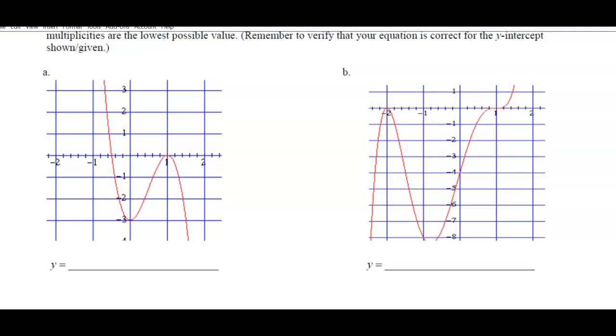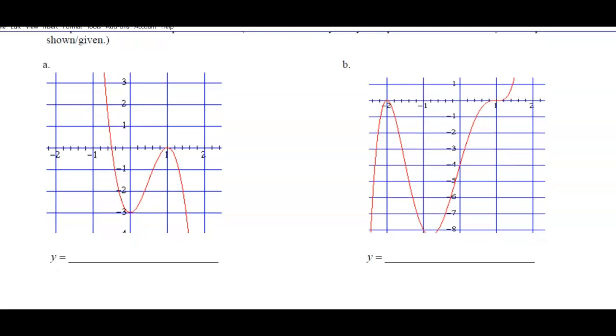So let's do the first one, because always look at the scale. Notice here, the grid markings are actually not ones, right? This is -1 and this is +1. So that looks like a half, -1/2, right?